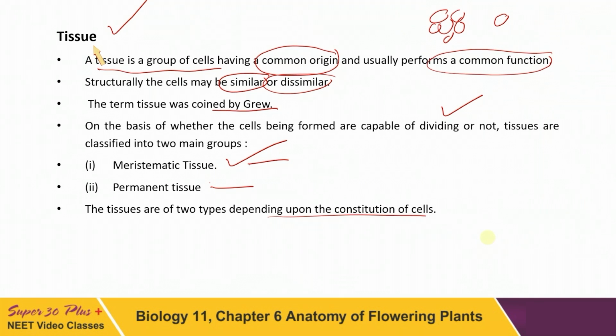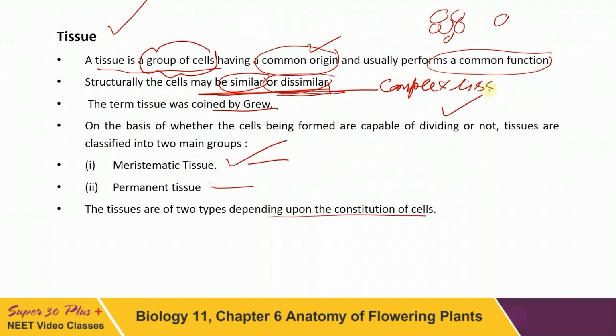Tissue, I told you. An important question: tissue is a group of cells with common origin, performing a common function. The structure may be similar or dissimilar. Dissimilar cells will be found in complex tissue.